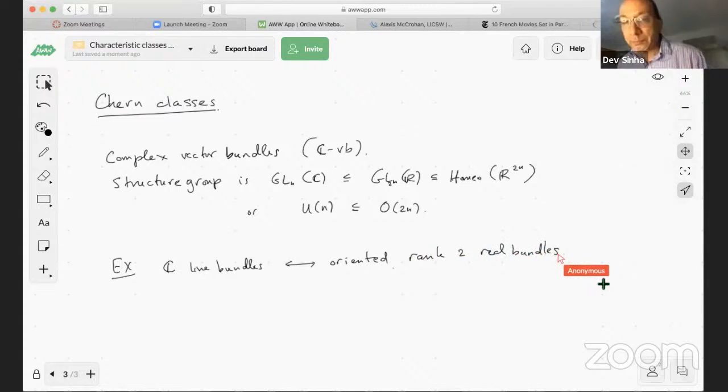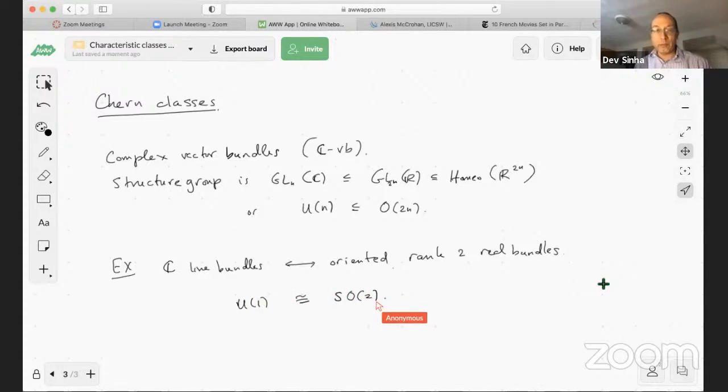And you'll see the connection between complex multiplication and orientation again in a second, but in this principal bundle, structure group point of view, that's because U_1 is isomorphic to the positive determinant component of O_2, SO_2.